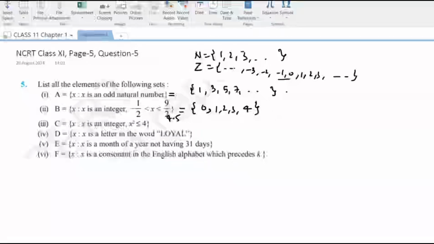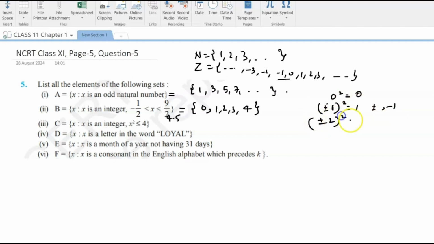Now C is equal to x, such that x is an integer and x square is less than 4. Okay, no problem. So let's see. 0 square is 0. Plus minus 1 square is 1, so both plus and minus 1 would belong to the set. And then plus minus 2 square is 4, so both plus 2 and minus 2 would be in the set.